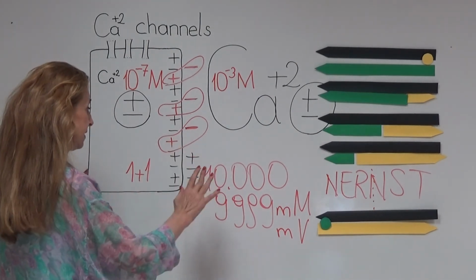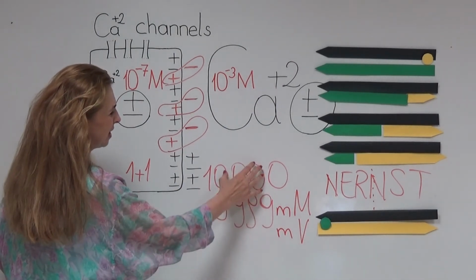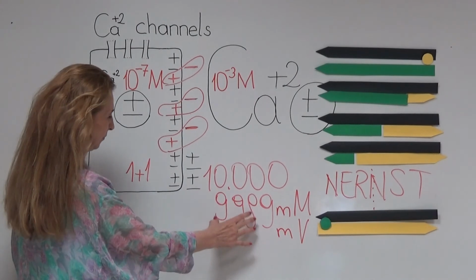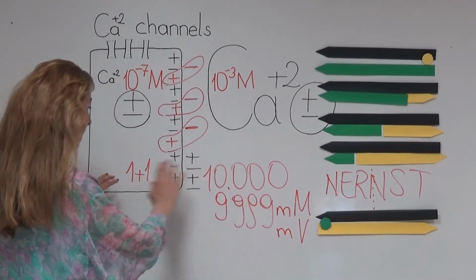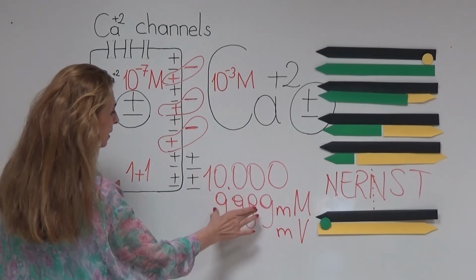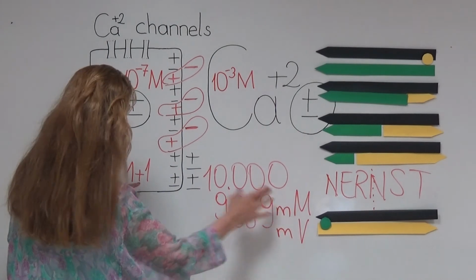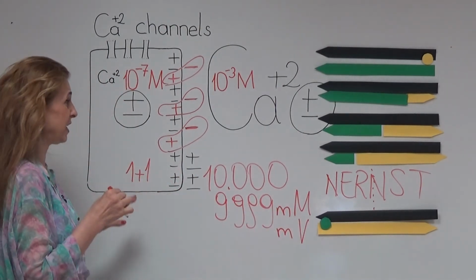So let's have a look at the numbers now. The concentration outside did not change a lot. The concentration difference between inside and outside was 10,000 to 1. It became 9,999 to 2. This is not a very big change in concentration either.